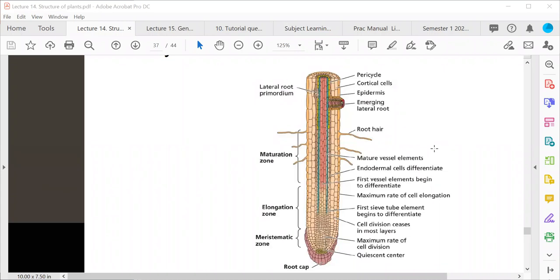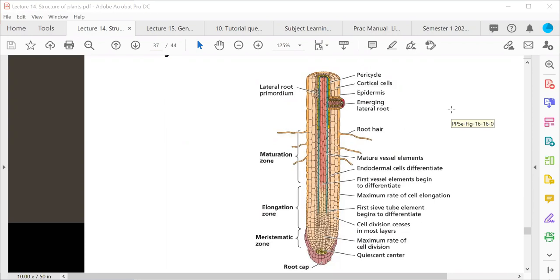And we have a question, do lateral roots emerge at equal distances from each other? That's an interesting question. Yes, they do. They actually do seem to emerge at sort of specified points. And there's been a lot of work done to actually understand how that happens.